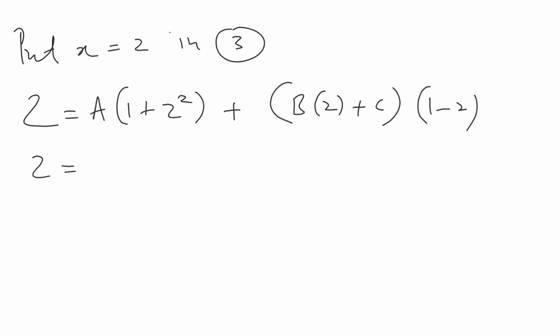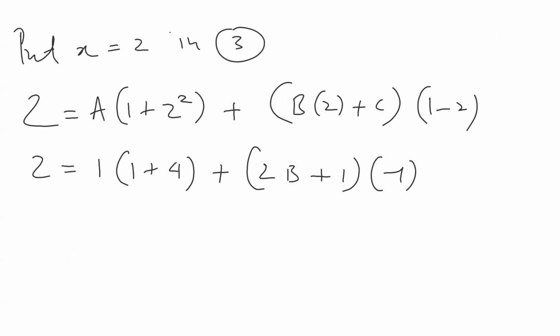So 2, the value of a is 1, 1 plus 4. Value of a I am taking from the previous step. 2b into 1, the value of c is also 1, I have taken from the previous step. And 1 minus 2 is minus 1. Okay, so 2 is equal to 5 plus, let's multiply this minus 1 inside, so it will be 5 minus 2b minus 1.